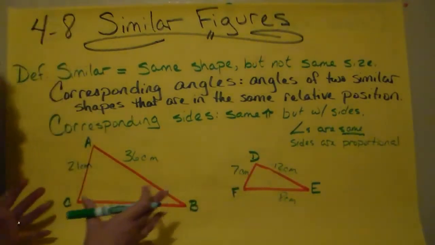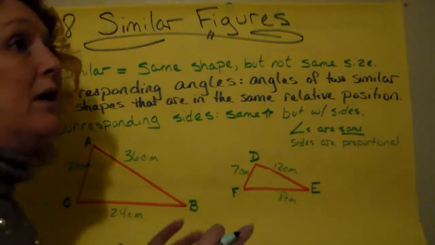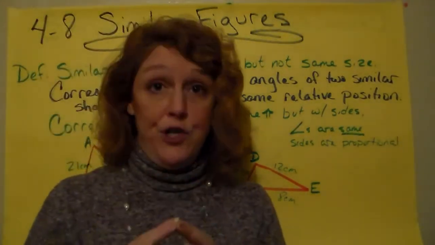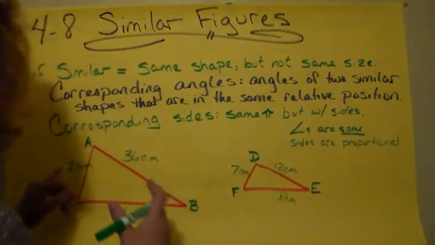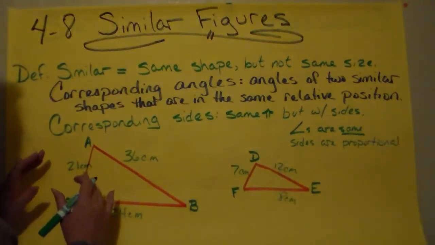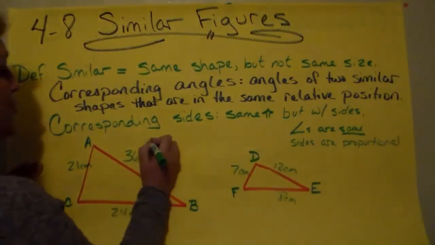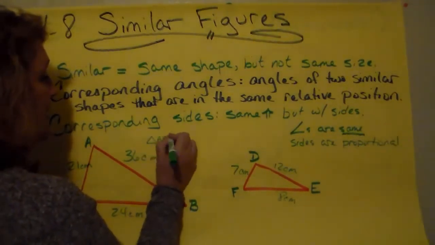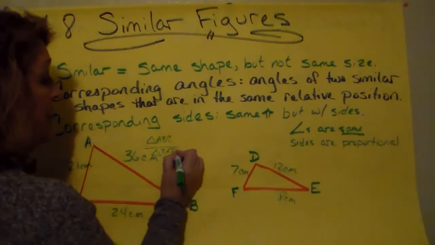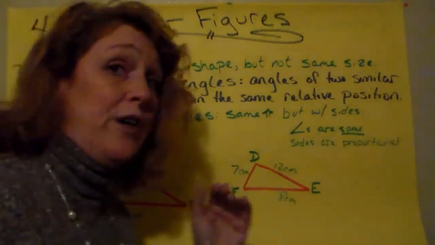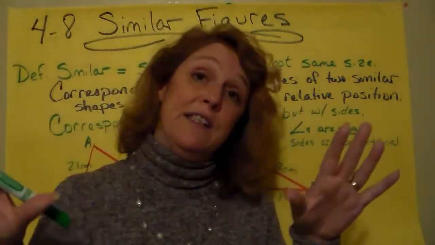And what you need to do is set up ratios, proportions for all the sides. Okay? So here we want to set up so that triangle ABC is on the top and triangle DEF is on the bottom. And it doesn't matter which one is which. What matters is that you keep it consistent throughout.